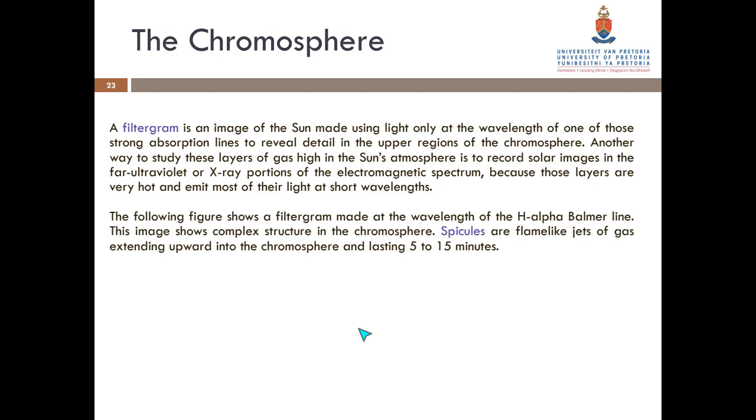The following figure shows a spectroheliogram made at the wavelength of the alpha hydrogen Balmer line. This image shows complex structures in the chromosphere, and spicules, flame-like jets of gas extending upwards into the chromosphere and lasting 5 to 15 minutes.